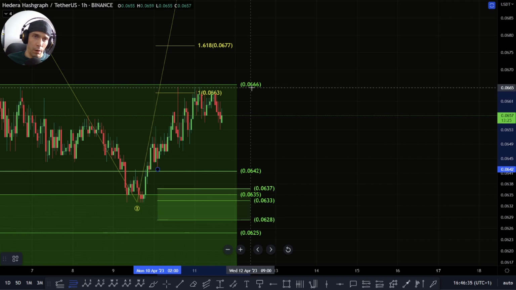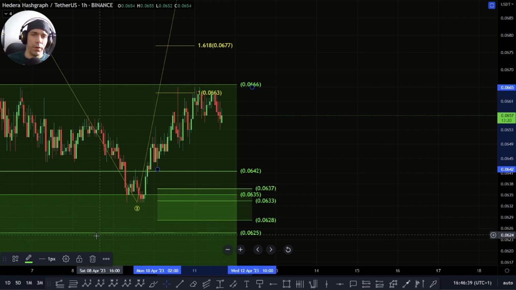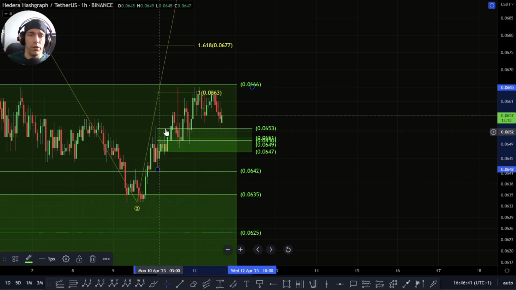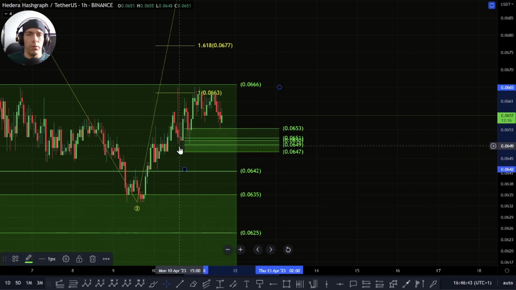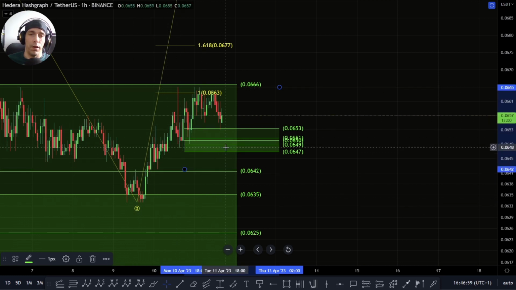So I would be a little bit cautious with this, especially with the fact we're looking for some bearish scenarios here. But if we are forming a 1-2-1-2, basically we wouldn't want to lose this 0647 region, and we'd want to keep this low here of this 0642. Otherwise, it starts to become less likely that we have this actually playing out in that fashion.